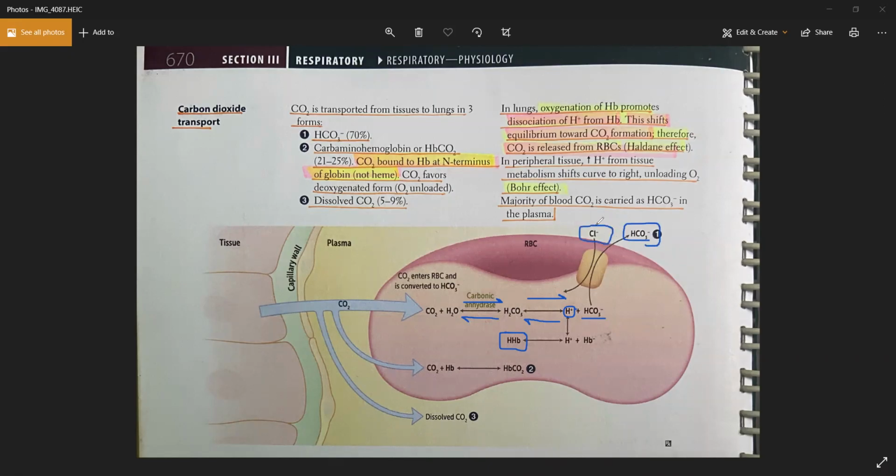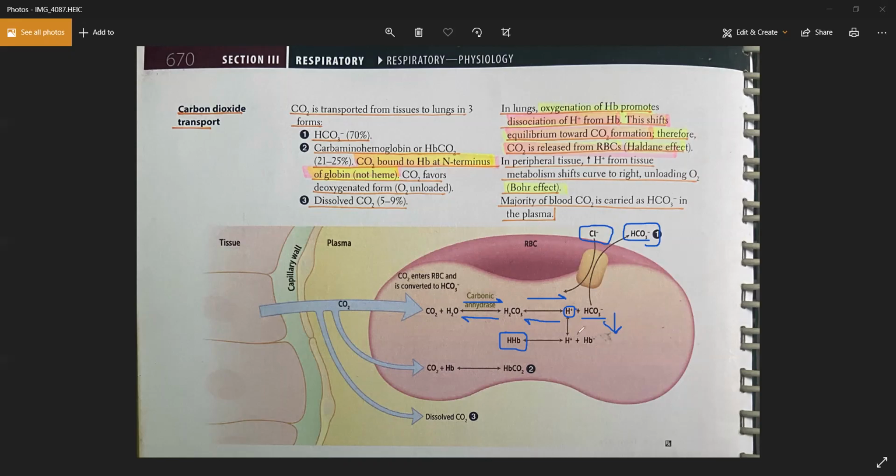Again, you are decreasing the concentration of the bicarbonate inside the cell, so this again promotes the forward reaction. This is very important to know. This happens in your peripheral tissues, and this will again help in the unloading of oxygen. This is the Bohr effect.